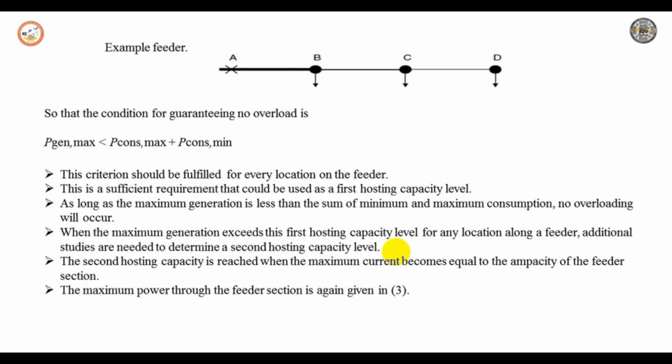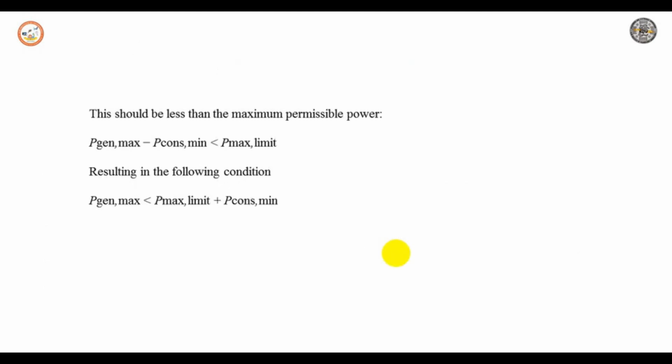What we have seen is that power maximum is equal to power generation maximum minus power consumption minimum. Here the difference of the power generation maximum and the power consumption minimum will be less than the maximum power that is available to us.